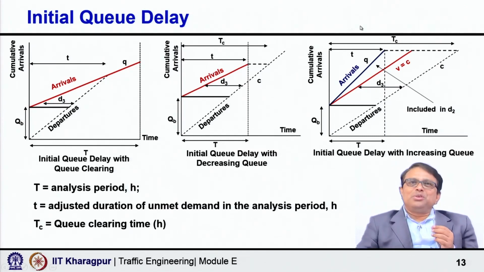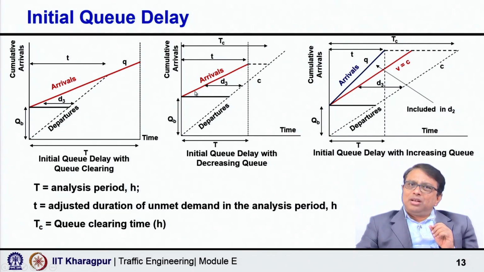So, exactly not parallel. If you take the length of this solid line and the length of this dotted line, both horizontal lines, the dotted line length is lesser than the length of the solid line. That means, what will happen?